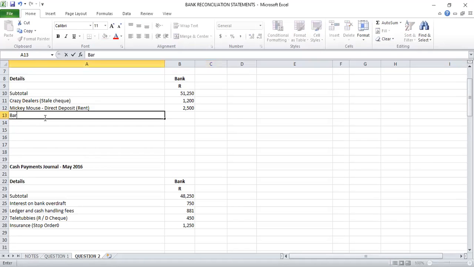So we'll have Barney Furnitures, overstated payment, which will be 1835 minus 1535. What do you get? 300. Okay, thank you.